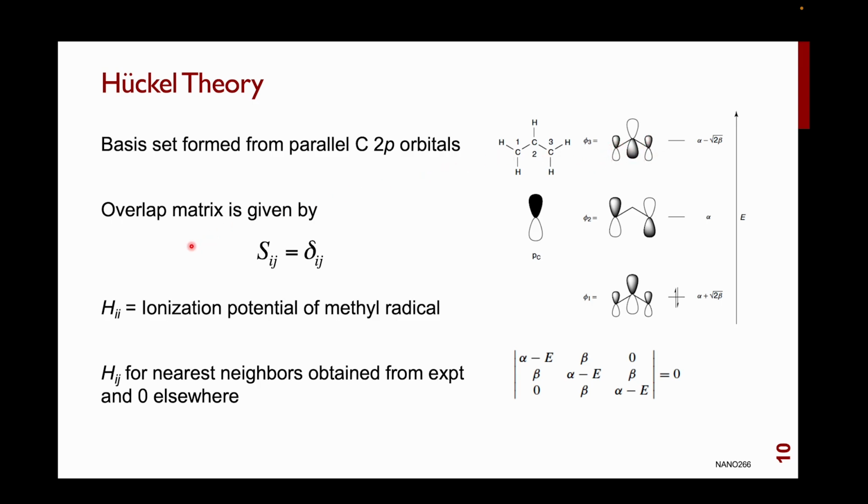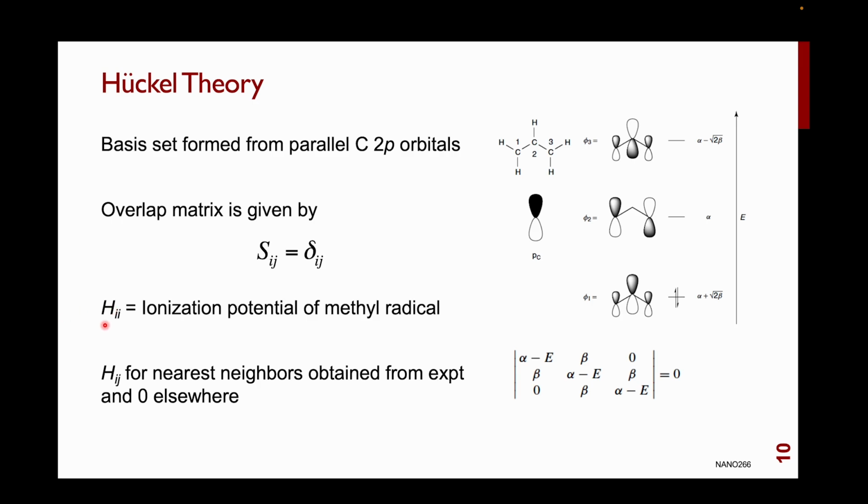And you make some assumptions, for example, that the overlap matrix is just given by delta ij. In other words, you are assuming that there is no overlap at all between any of your neighboring 2p orbitals.